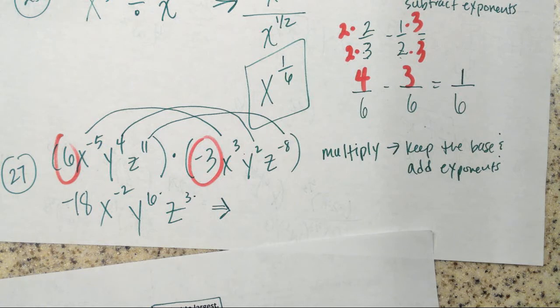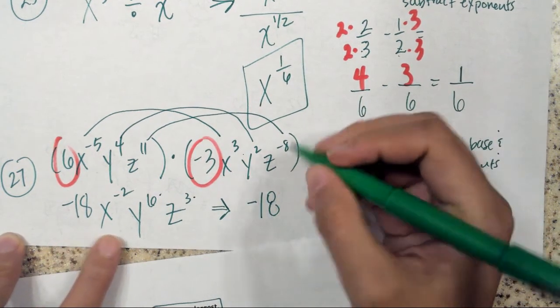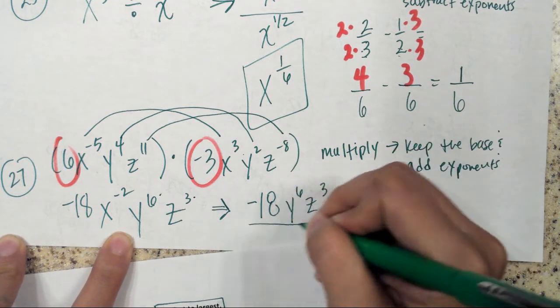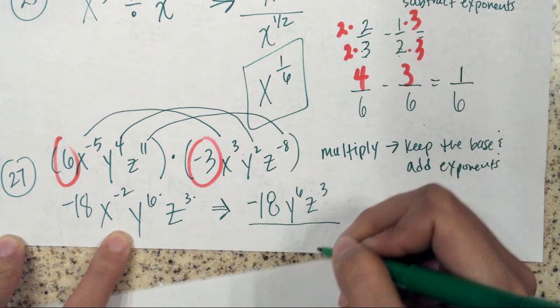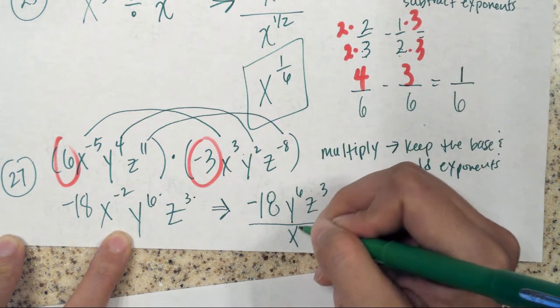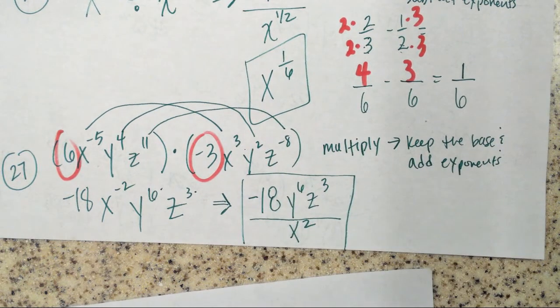That's okay, because we can have a negative number, right? We just can't have a negative fraction. So for him, he's going to stay on the top. The y is going to stay on the top and the z is going to stay on the top, and on the bottom we're going to move the x down, so then you get x squared. And that's your final answer.